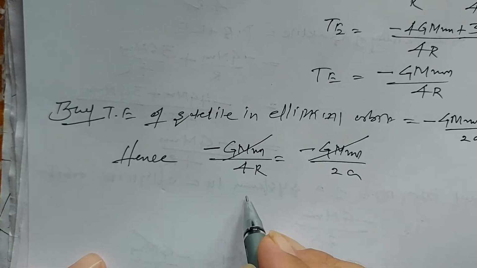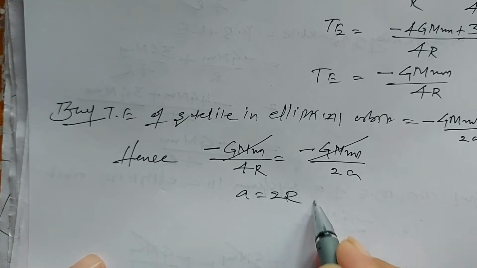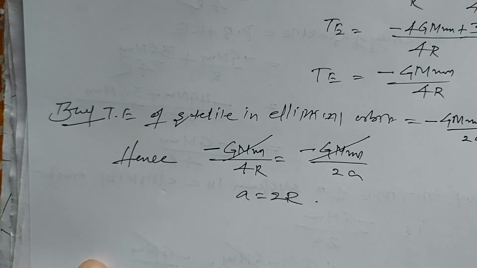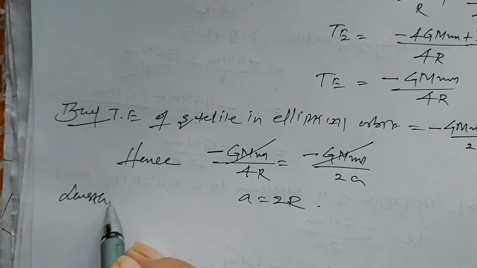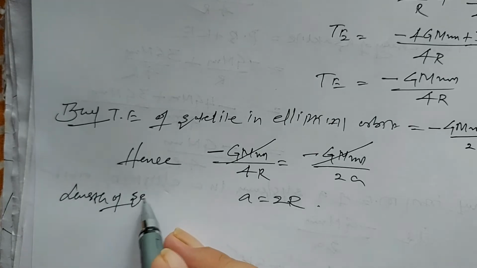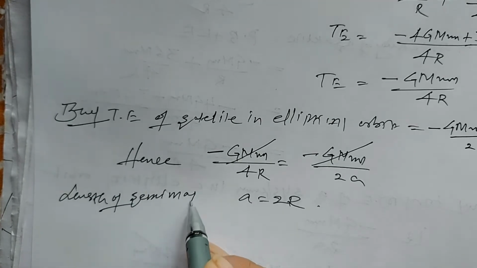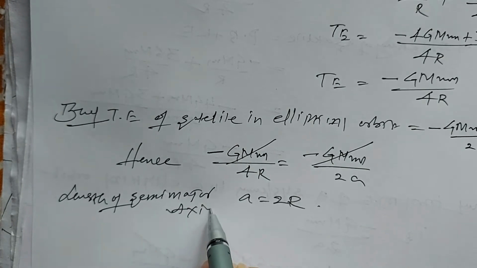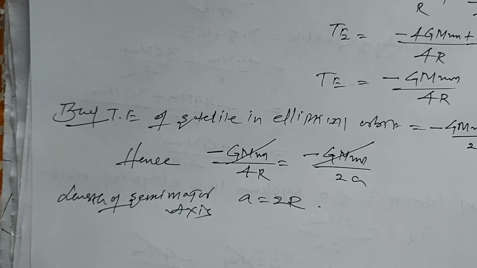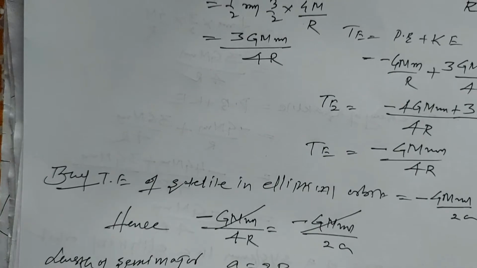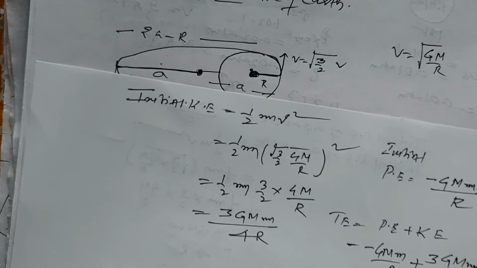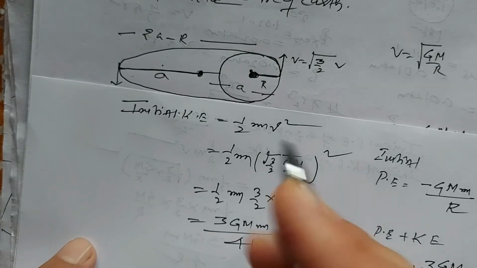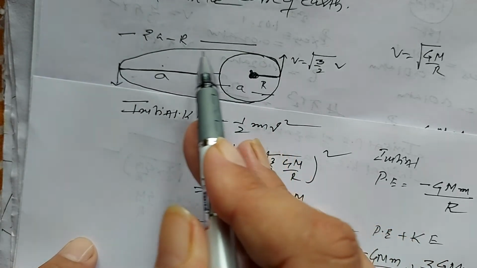So we get a is equal to 2R, the length of the semi-major axis.